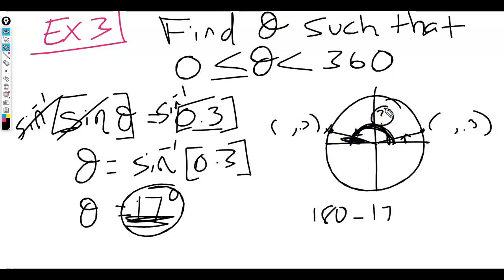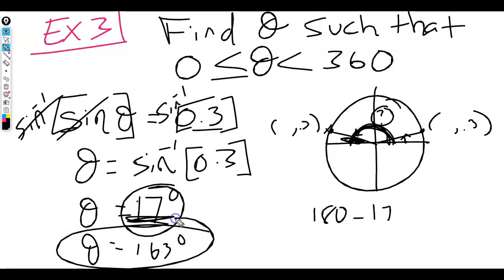So 180 take away 17 is the trick for finding the matching sine value. And I'm getting 163 degrees. So the two theta values that will give us a sine value of 0.3 are 17 and 163. And once again, we can check our work on this. So let's do that.